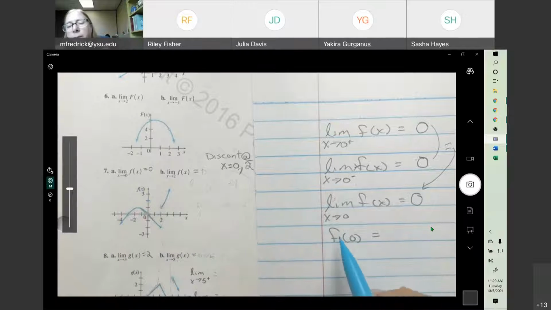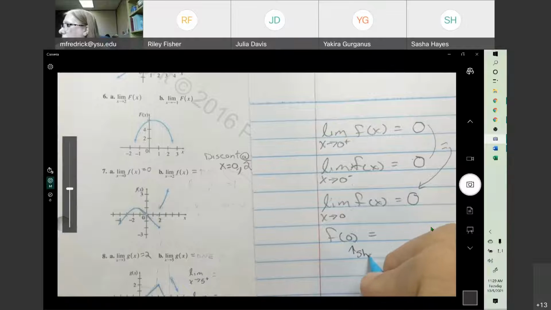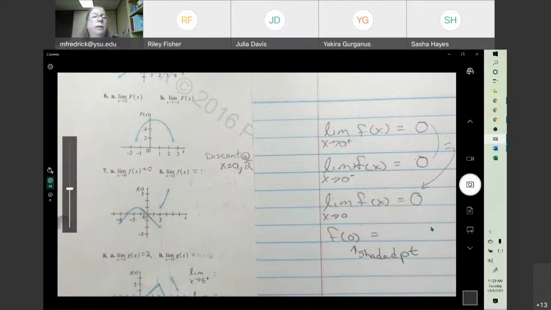This last part is a shaded in point. Now, if there isn't a shaded in point, if you look at the one above here, notice there's an open circle. So f of 2 here would not exist because there's no colored in point. Where this one, there is. It's right here at 2. So this f of 0 is looking for the point where x is 0.